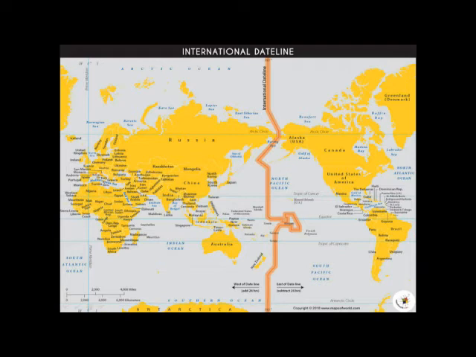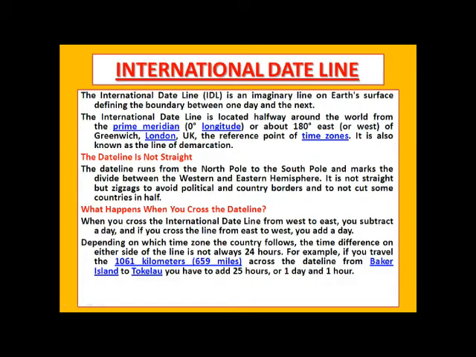As you can see in the picture, the international date line is not drawn in a straight form. Okay, it is not straight. Why does that happen? Let's look at it.